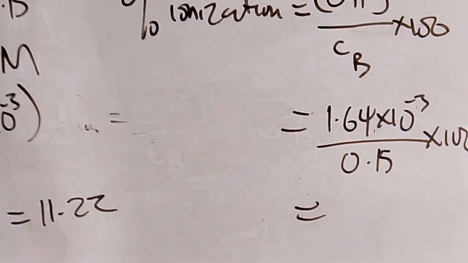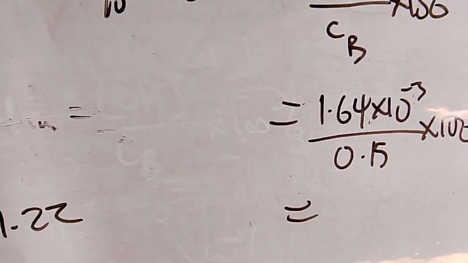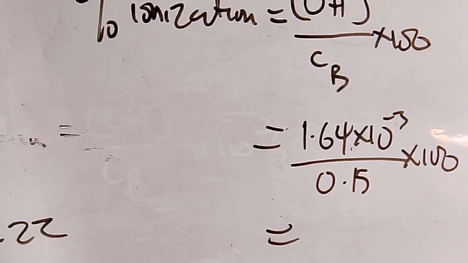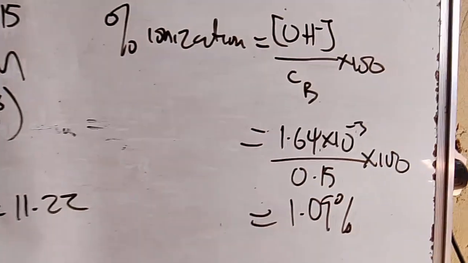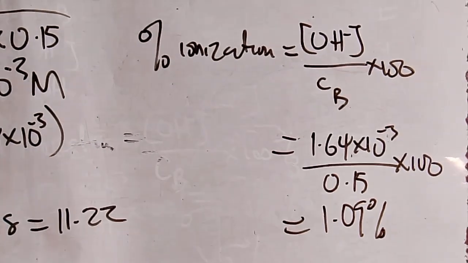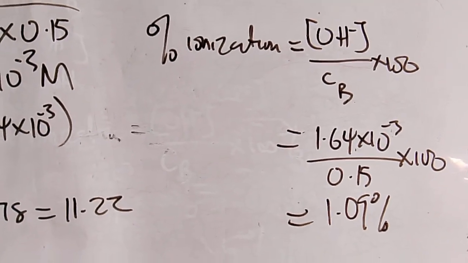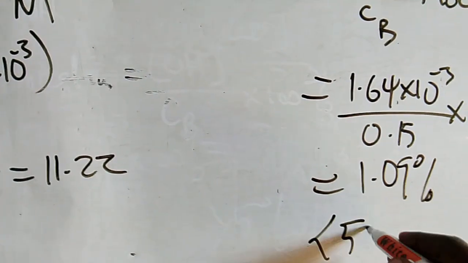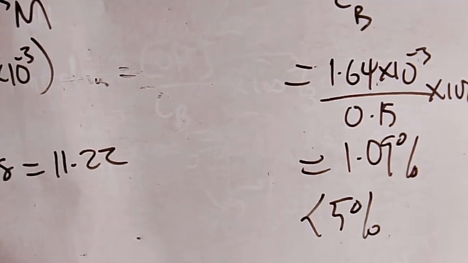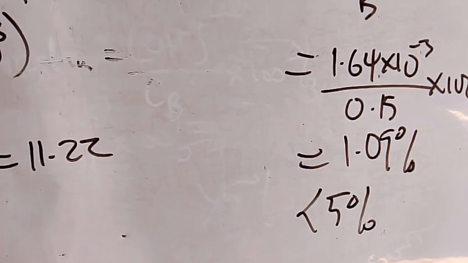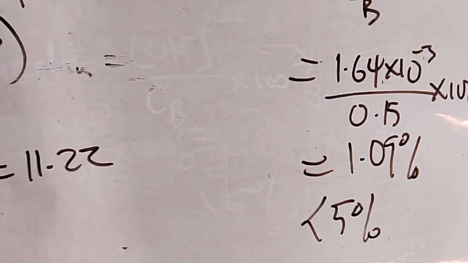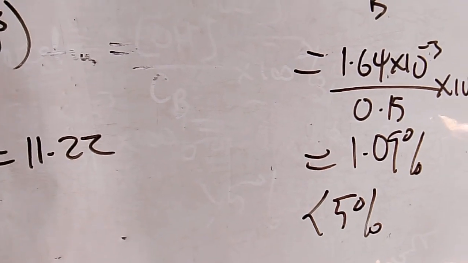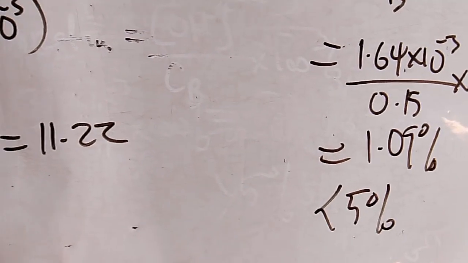Dividing and multiplying, it comes to 1.09%. That is the percent ionization. You can see it is less than 5%, and remember, when we are looking at those ICE tables, when it is less than 5%, we neglect x.